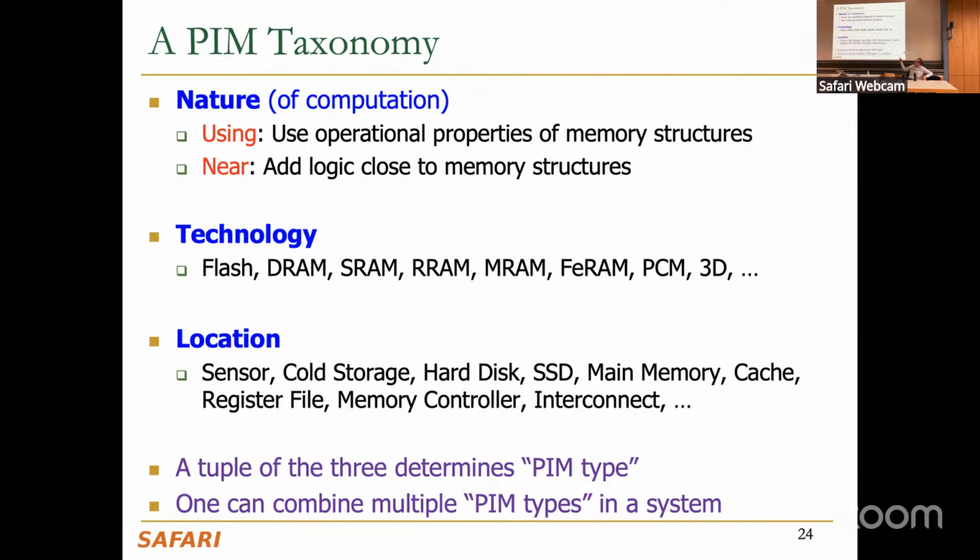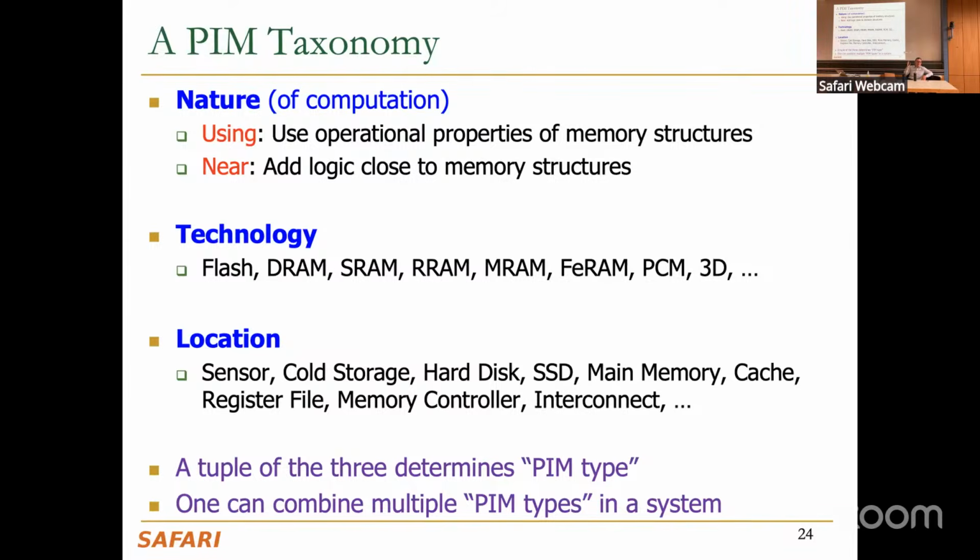What location in the system is that technology instantiated in? You can see that there could be many places again. And in the end, I think a tuple of these 3 determines your PIM type. So you can combine processing using DRAM in main memory, for example. That's what we're going to look at, for example. But you can also do processing using SRAM in your caches, right?